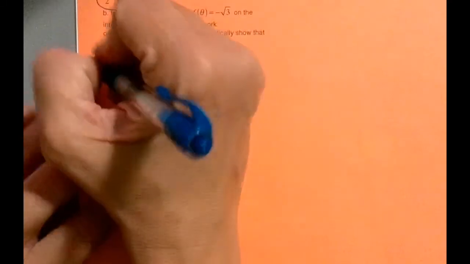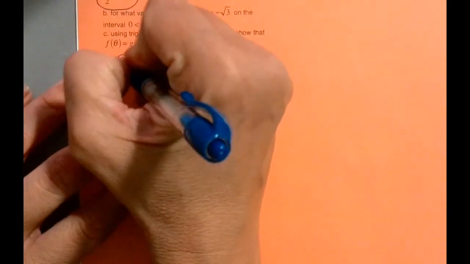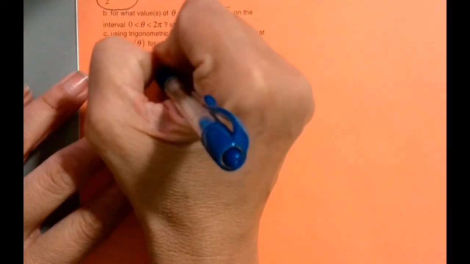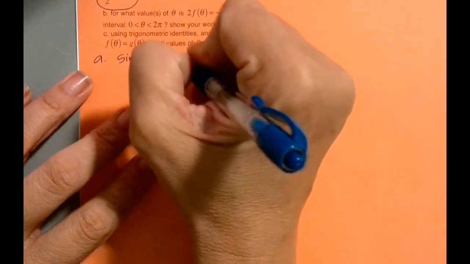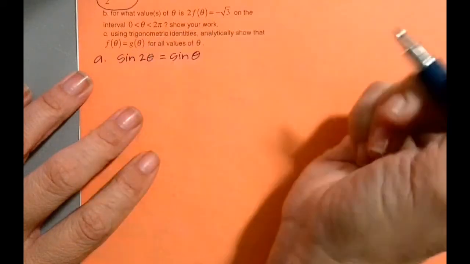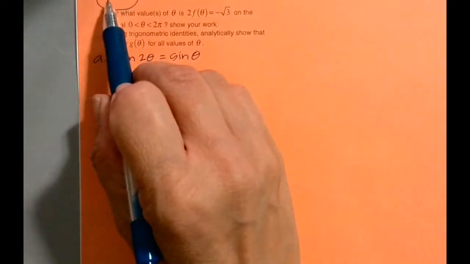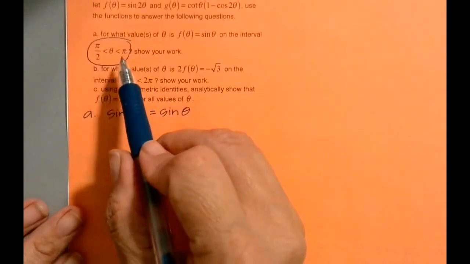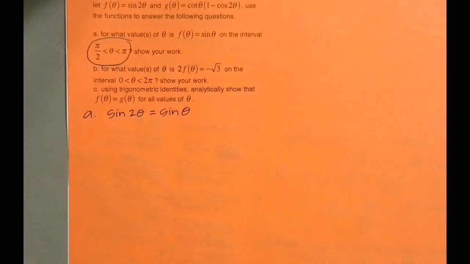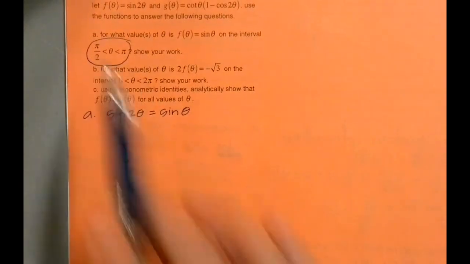So this is what it's asking. Sine 2 theta equal to sine theta. But it only wants the answers, and this is in quadrant 2. Okay, do you see that? So you have to be careful, because sometimes we're so used to it saying from 0 to 2 pi, but this one's from pi over 2 to pi.